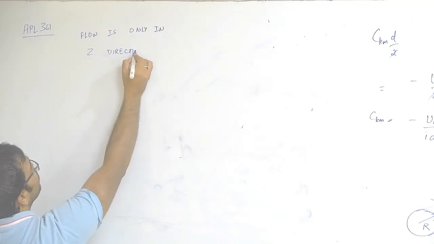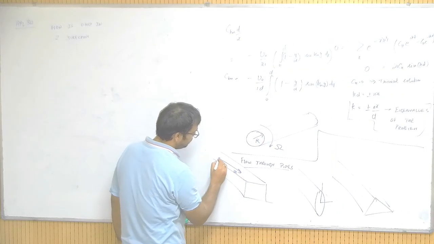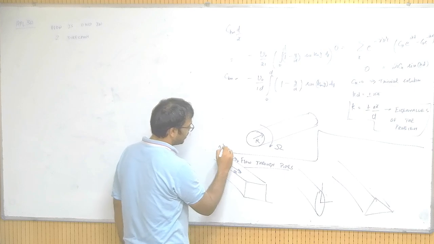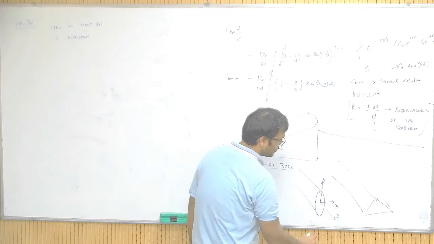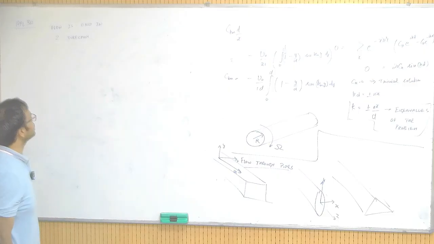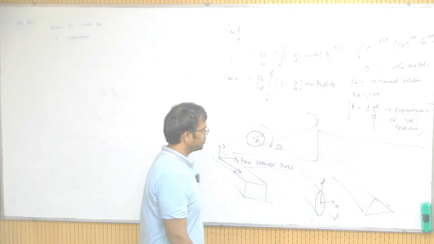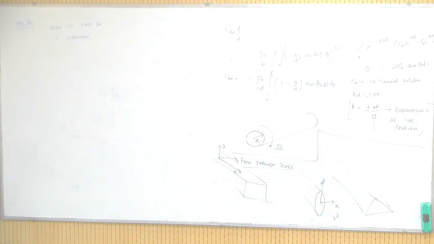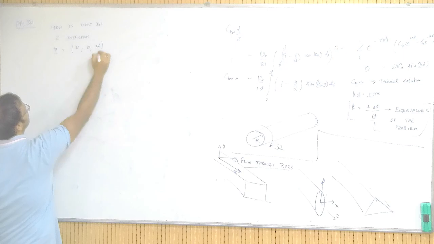So it is a unidirectional flow, we assume a priori that the flow is unidirectional. This is your z direction, and this is your x and this is your y. So u is basically 0, 0, some w.